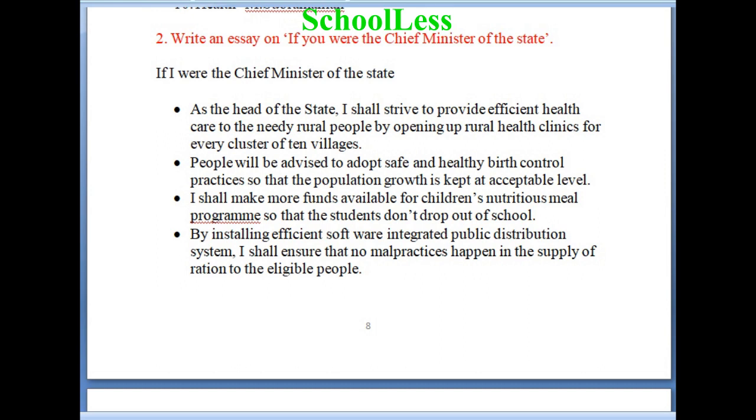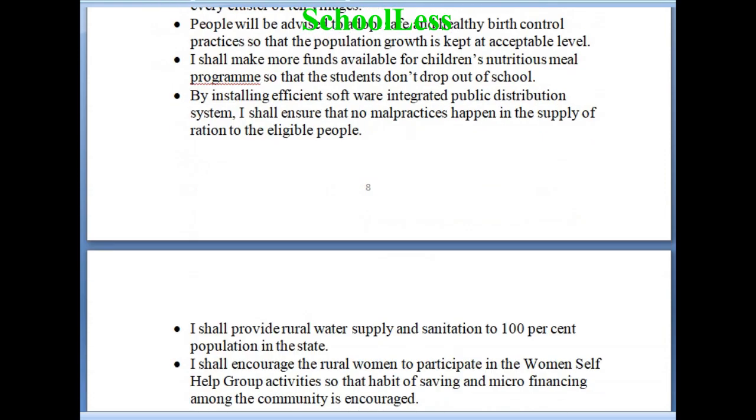People will be advised to adopt safe and healthy birth control practices so that the population growth is kept at an acceptable level. I shall make more funds available for the children's nutritious meal program so that students don't drop out of school. By installing an efficient software-integrated public distribution system, I shall ensure that no malpractices happen in the supply of ration to the eligible people.